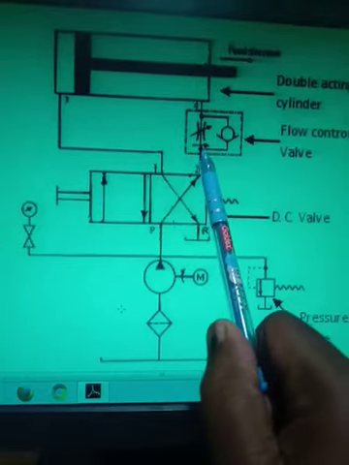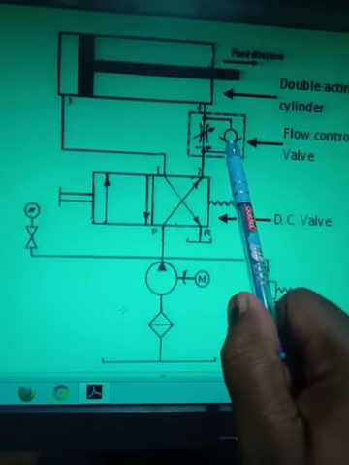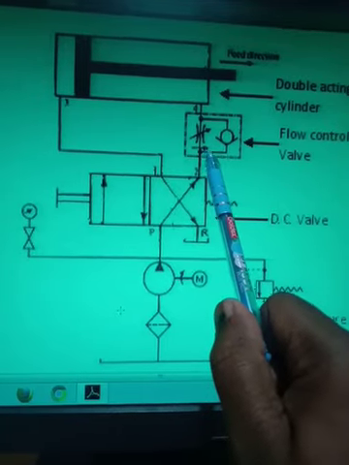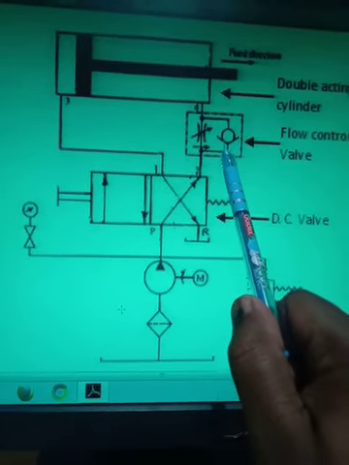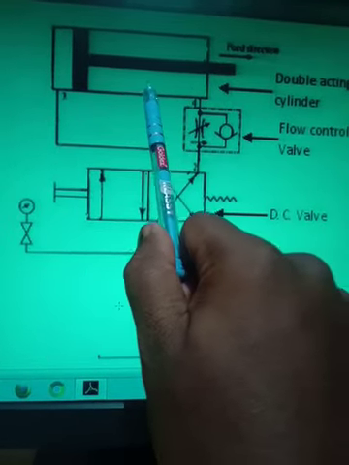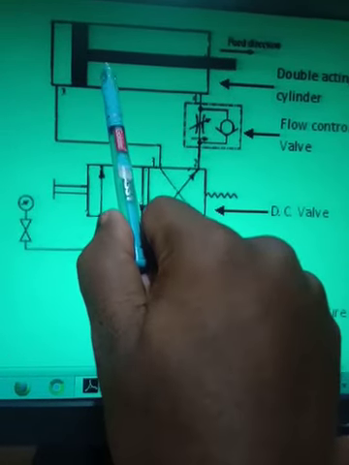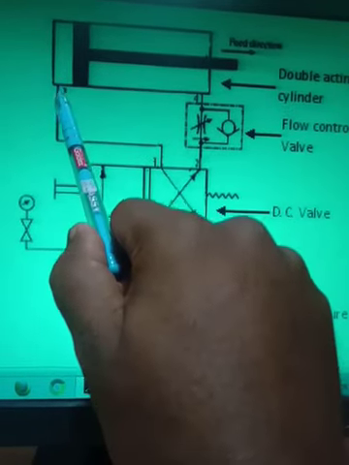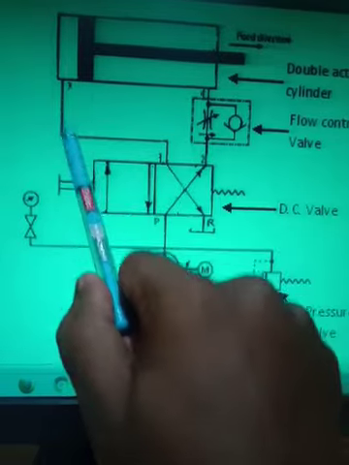So oil can flow very easily, and the motion of the actuator will take place in the forward direction. Though I have provided the flow control valve here, there is one passage provided through this integral check valve. The full amount of the oil will go from here to here, and the actuator will move in the forward direction. Now whatever oil is stored here is freely moving to the reservoir.